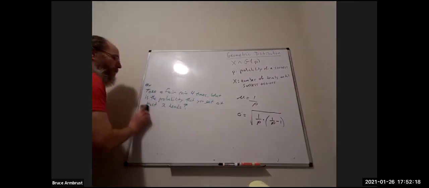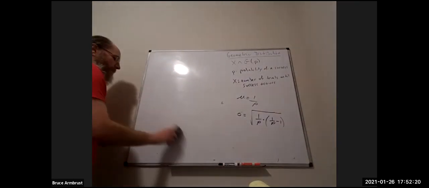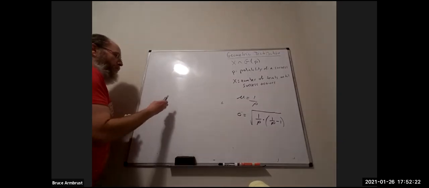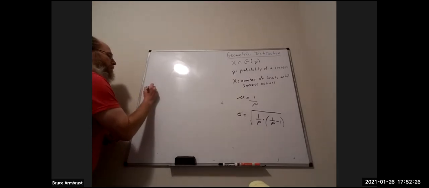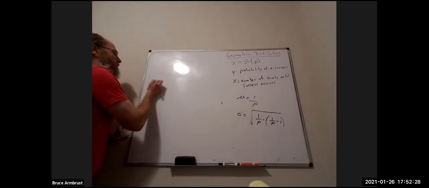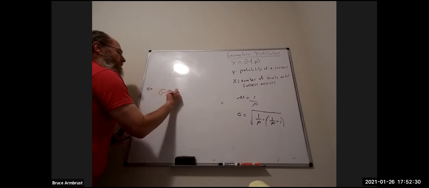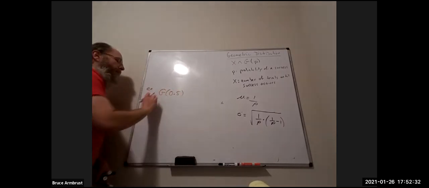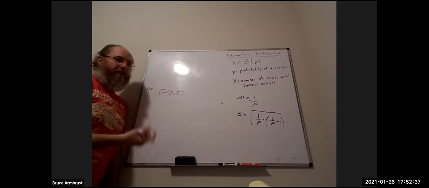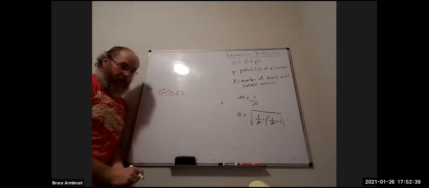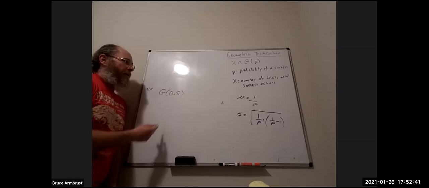So let's look at tossing the coin, right? With that example where I was tossing that penny, we're looking at G of 0.5. All it depends on is the probability, because now we're waiting for the number of trials. We're trying to calculate that.